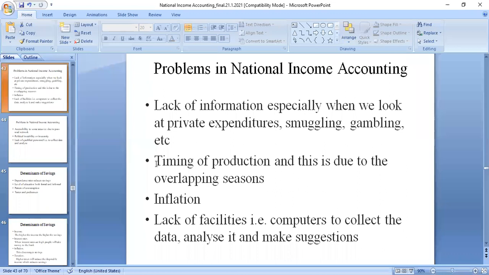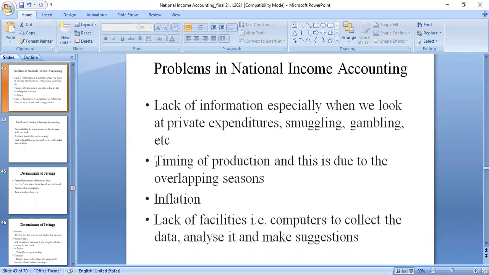So if there is inflation in an economy at the moment when the national income accounts are being taken, there is a tendency of the inflation to bring about huge figures, and these huge figures will misguide you, that the economy is faring well, when it is actually inflation that is making those prices high, and this misguides in terms of the values, right?